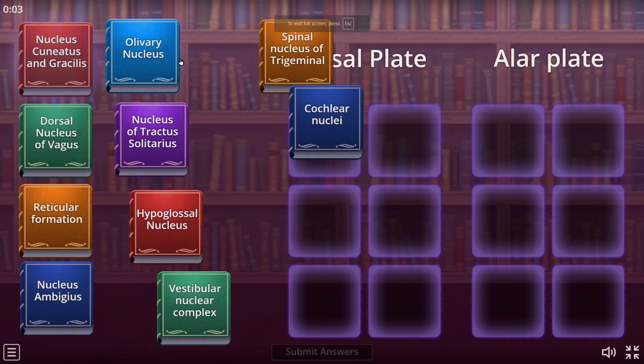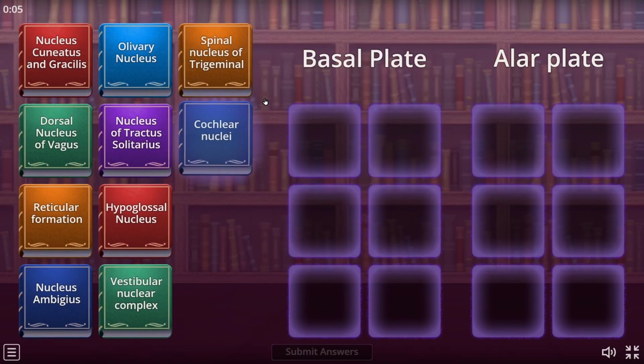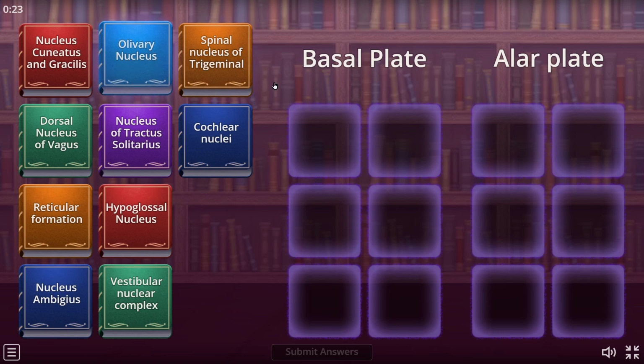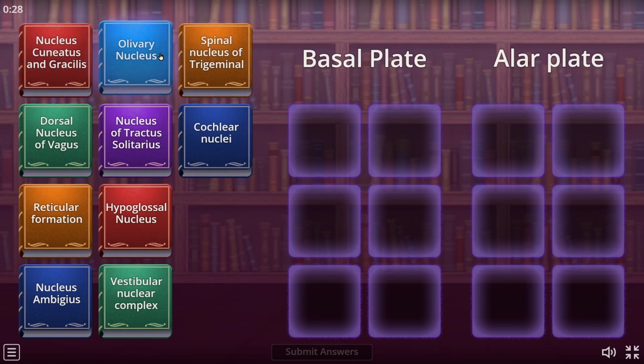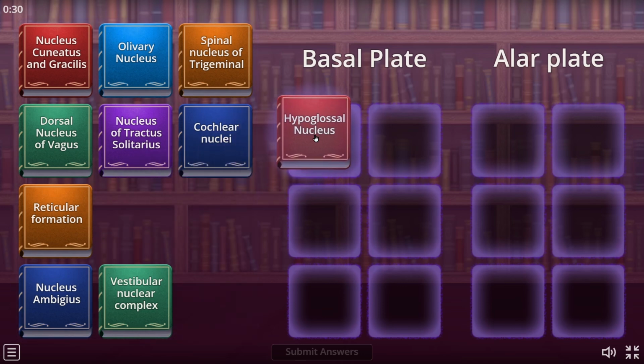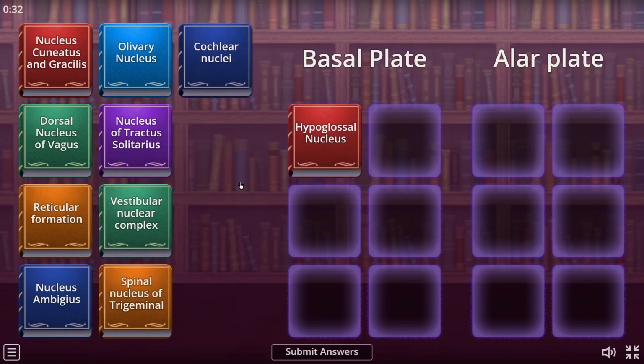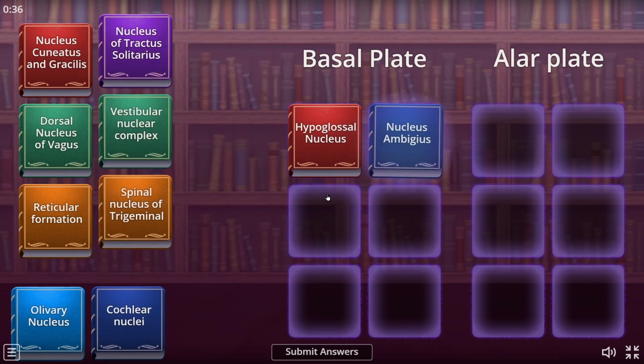So here we have these different nuclei. Let's try to place them in these boxes, and let's see whether we are successful or not, and try to help me in this. So for the basal plate, most medially, we have the hypoglossal nucleus. Then we have nucleus ambiguus.